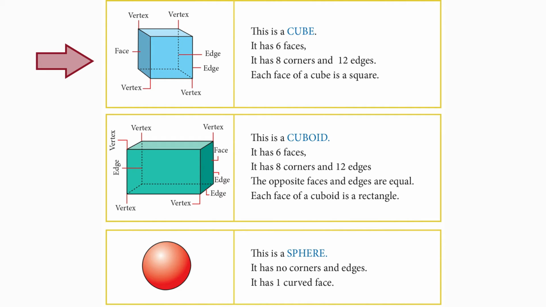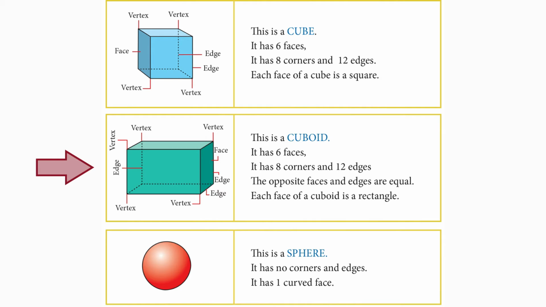Each face of a cube is a square. Yes, the face is the flat surface, remember? So, each of those faces is a square and a square has all 4 sides equal, right? Okay, now let's move on to the last shape, that is the cuboid.